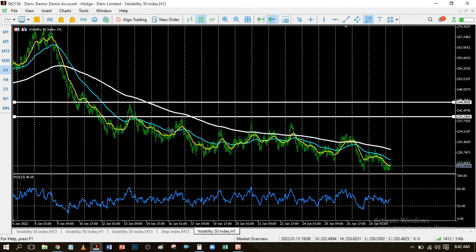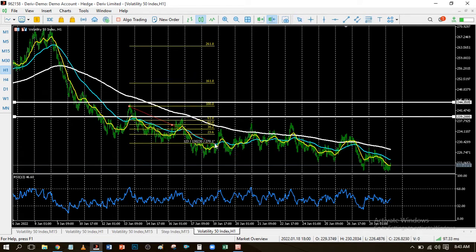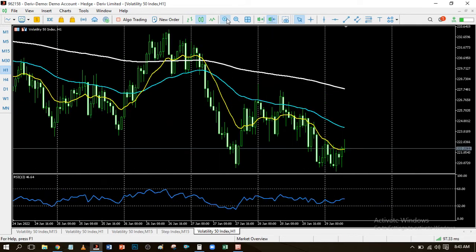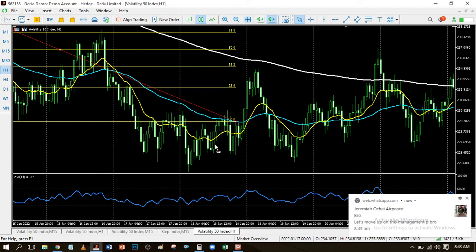The movement that caused this pullback is where you're going to draw your Fibonacci tool, from the beginning of that down movement to the end of the movement, which is here. Let me increase this so that you can see it.